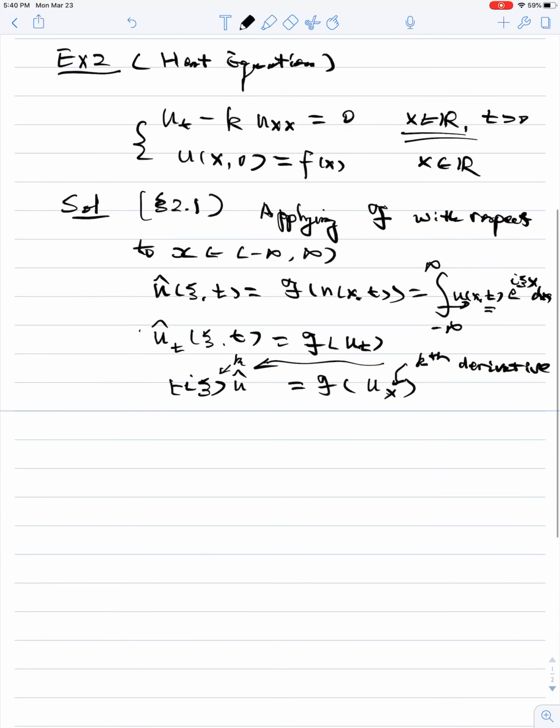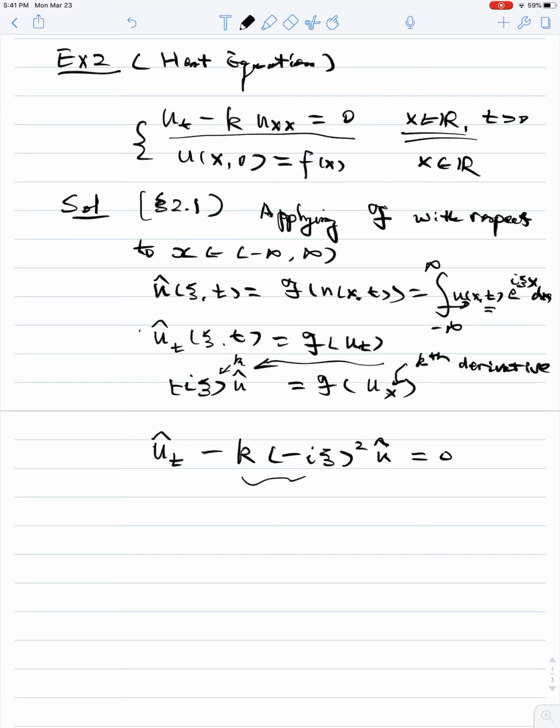All right, so we apply the Fourier transform to both sides of this equation. What we have here is û_t, but the key point is that this u_xx becomes negative iξ squared û, and this equals 0.